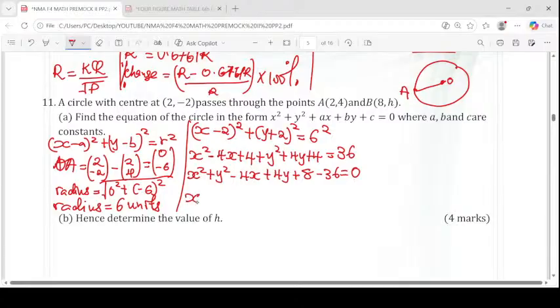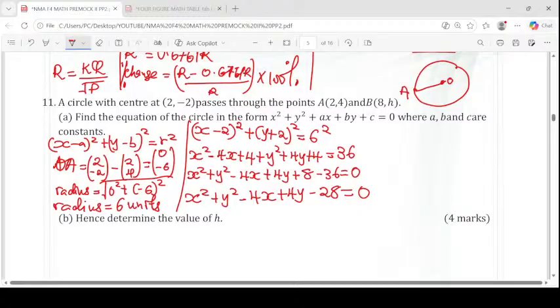So this becomes x squared plus y squared minus 4x plus 4y minus 28 is equal to 0. Is it 24? 28. So that is the equation.